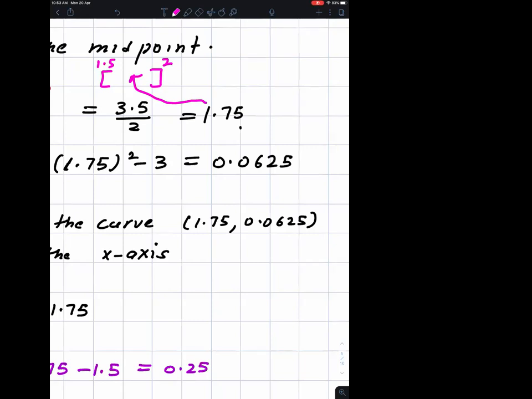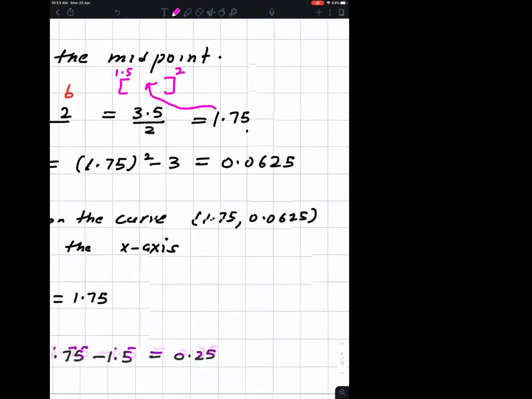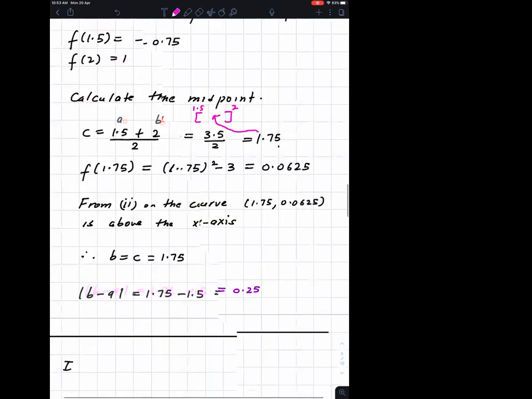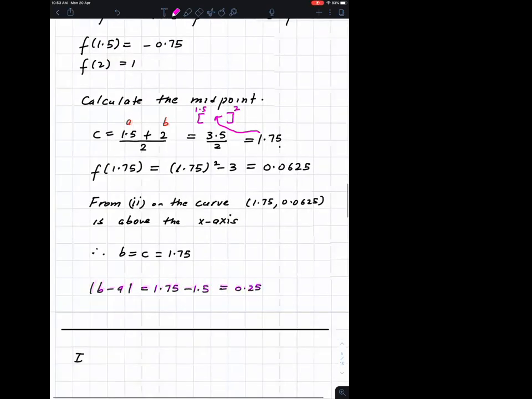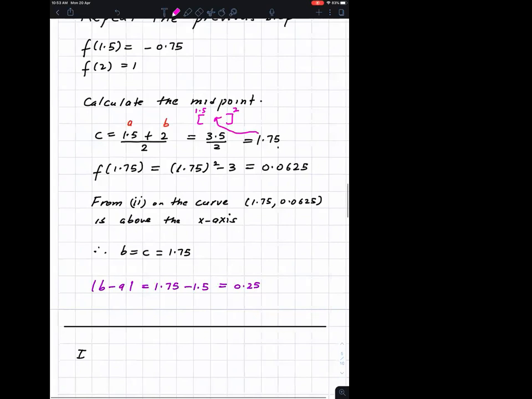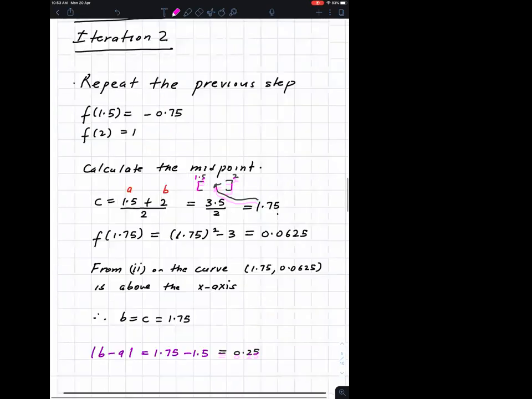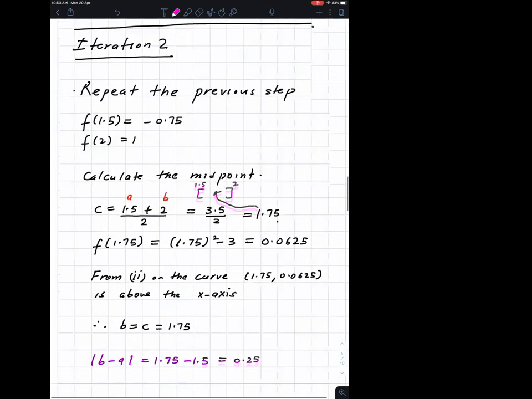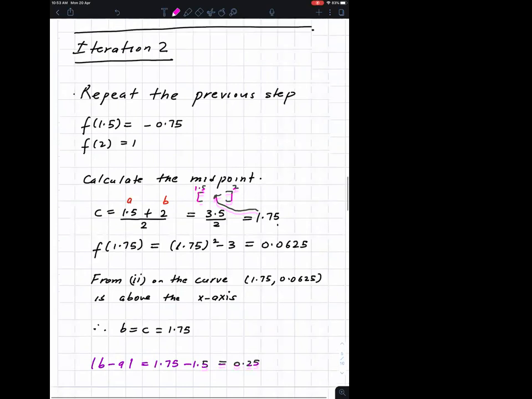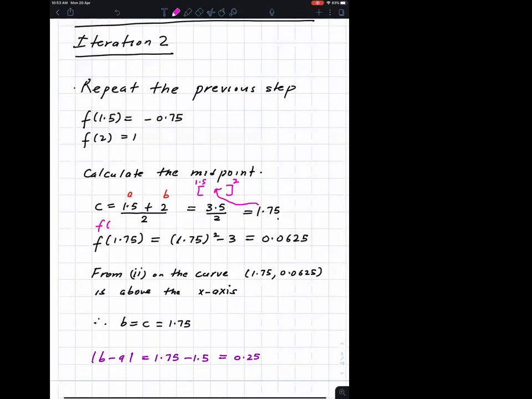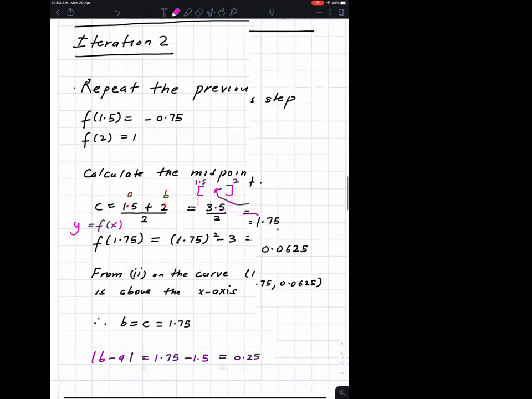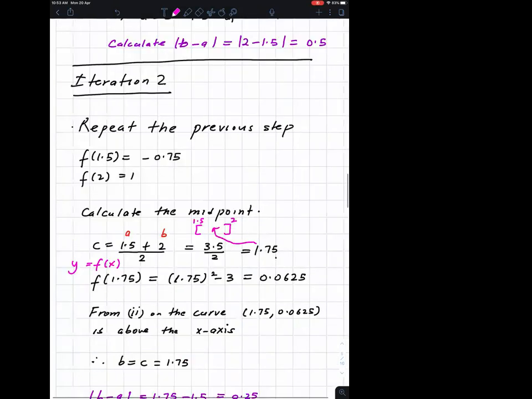Sorry, sir. My question is, we're supposed to write it as y, am I right, instead of writing as f? Yeah, y, fx. This is fx. It's the same as y also. This is the x-axis, y-axis.